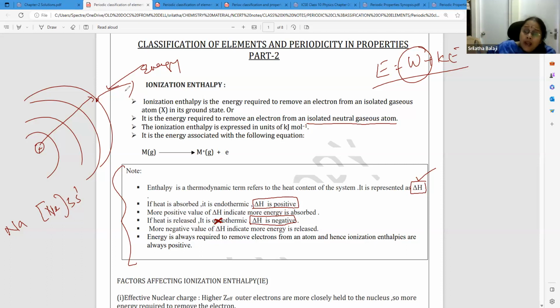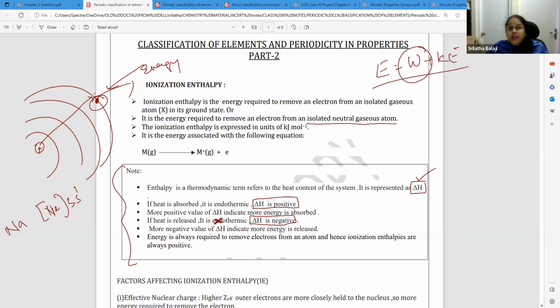So to remove an electron, what are you doing? This electron is held by the nucleus with the electrostatic force of attraction. If you want to release this electron out of the bondage of the nucleus, what should you do? You have to give that much energy to pull it out.